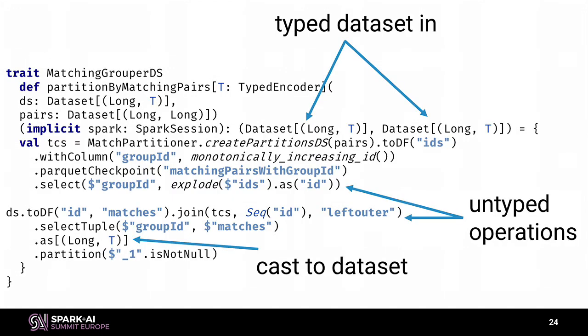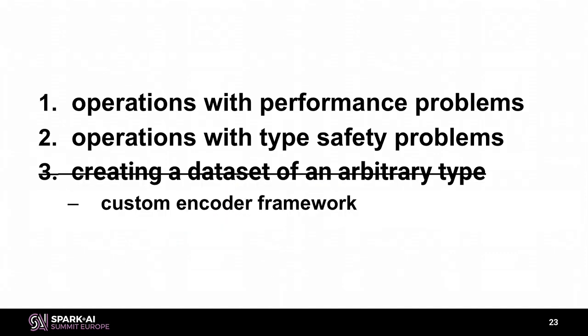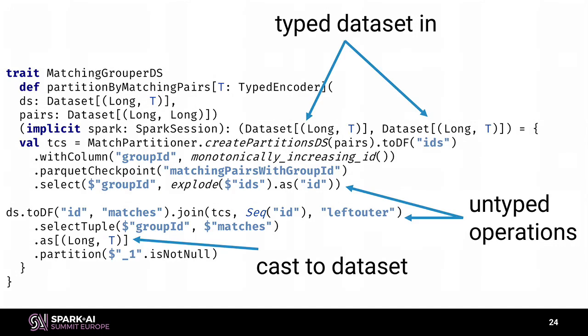Now, the second thing is operations with type safety problems. So what can you do with them? The first thing to do is be less ambitious and not really try to achieve type safety. Just have expressive types on function boundaries. So you can break down your Spark code into functions that are meaningful and reusable and pass datasets along them, if you have the encoders, but inside the functions, use untyped operations.